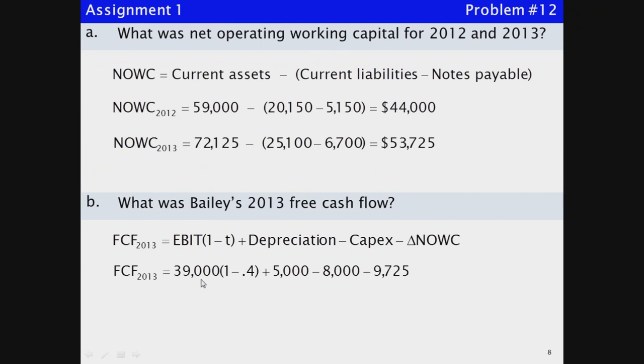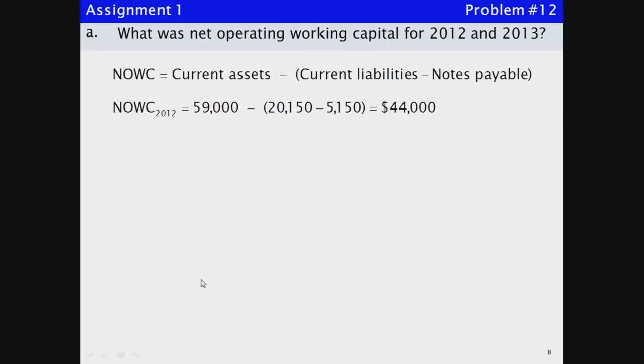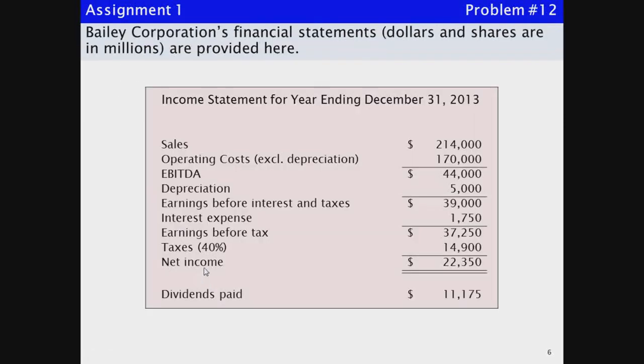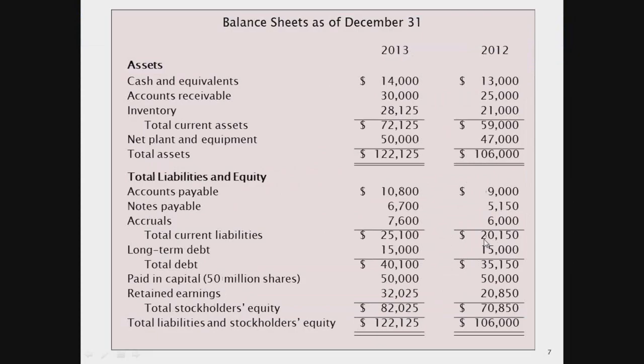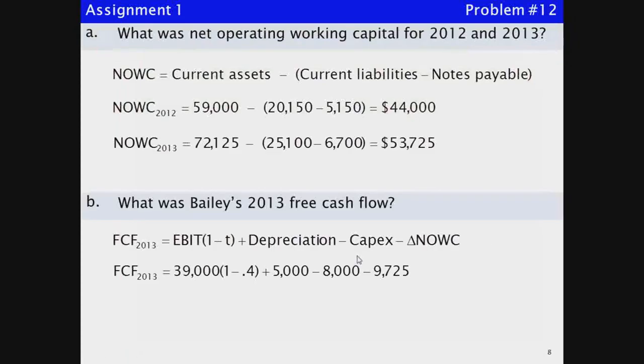All right, if we go back to the income statement, EBIT was $39,000. Not EBITDA, EBIT, $39,000. We were given a tax rate of 40%, I believe. Yes, so 1 minus t. Should have pointed out while it was there, but the depreciation on that income statement was $5,000.